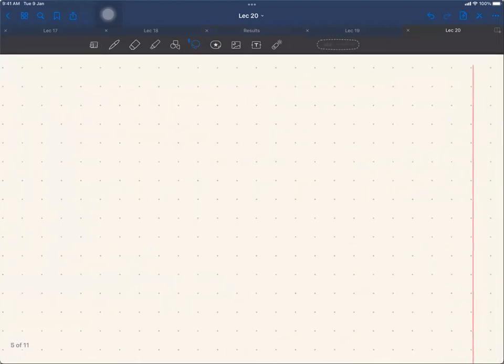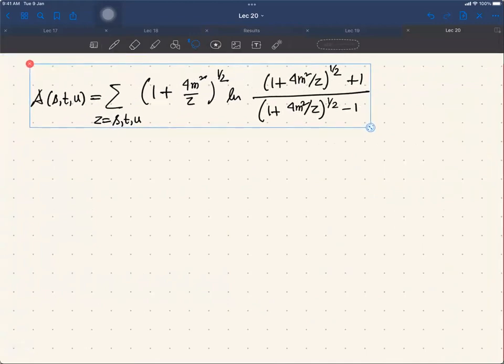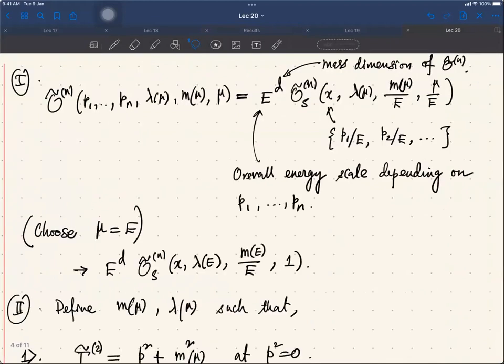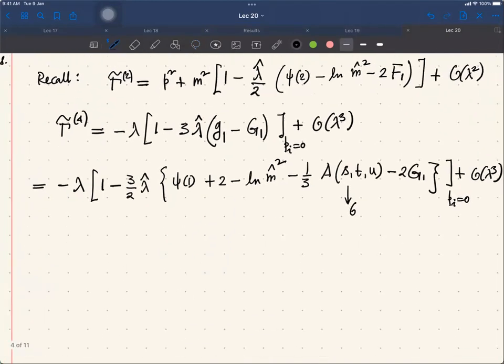Let me just do the calculation here. So the claim is that this goes to 6, and therefore 6 by 3 is 2, and that minus 2 cancels this plus 2, and we have psi 1 minus log m hat square minus 2g1.